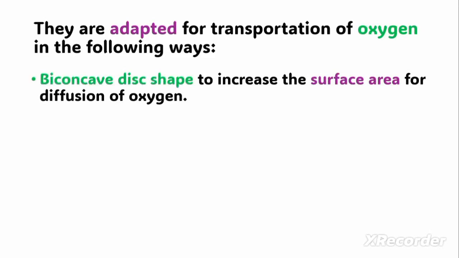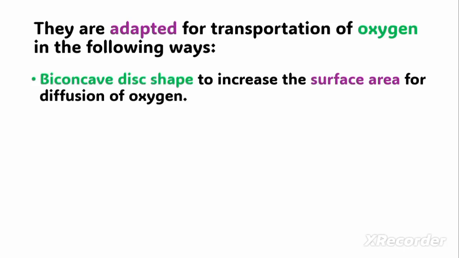The biconcave disc shape increases the surface area for diffusion of oxygen. Last time we discussed the factors that affect the rate of diffusion, and one of the factors that affect the rate of diffusion is surface area.